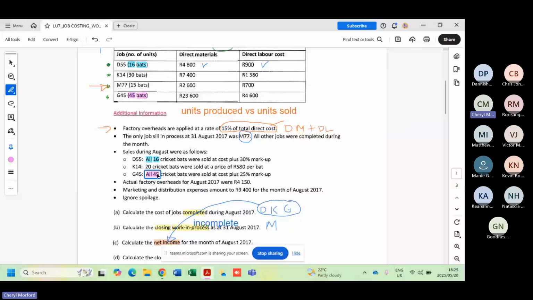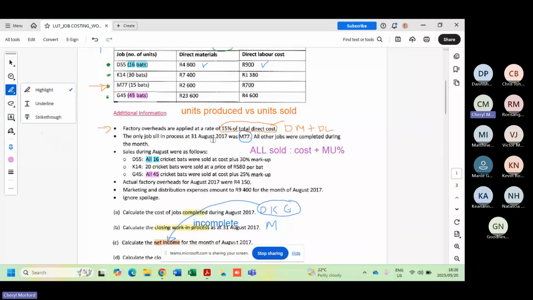So I'm now going to say the following, that if all were sold, what are we then going to do? Our sales is going to be the cost that we have just worked out plus a markup percent. So what are we going to do for D? We're going to take the cost and we're going to add 30%.